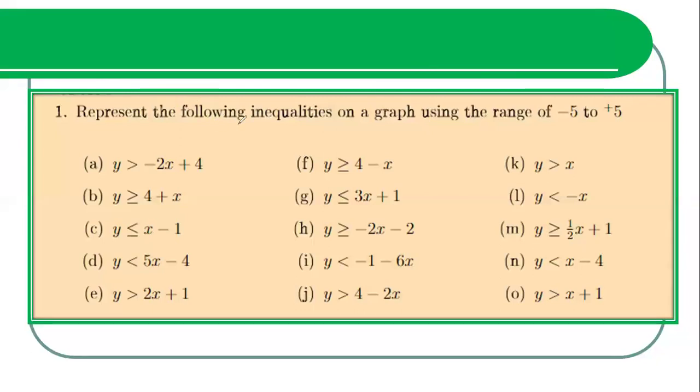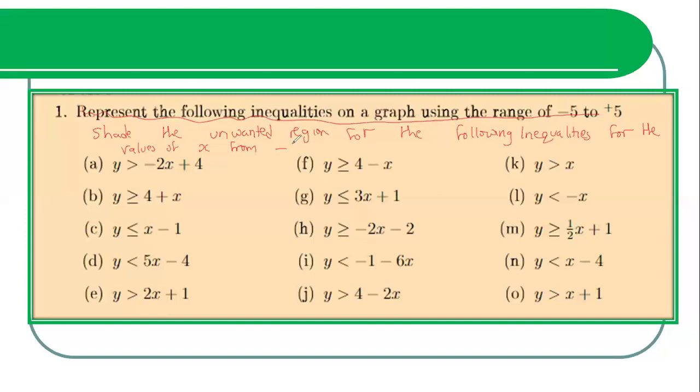I'm going to rephrase this: shade the unwanted region for the following inequalities, for the values of x from -3 to +3.